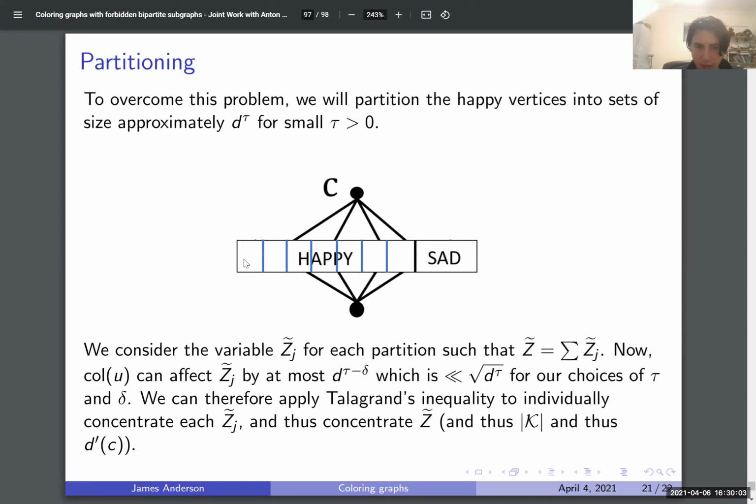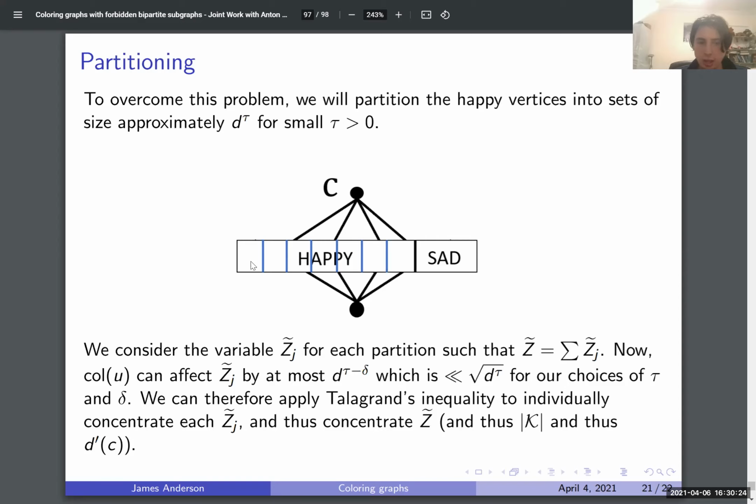And each of these boxes, we're going to intersect with the vertices which have a good conflicting neighbor. We're going to call these Z tilde sub j. And now if we can show each of these pieces are concentrated, then we'll have the whole thing is concentrated.